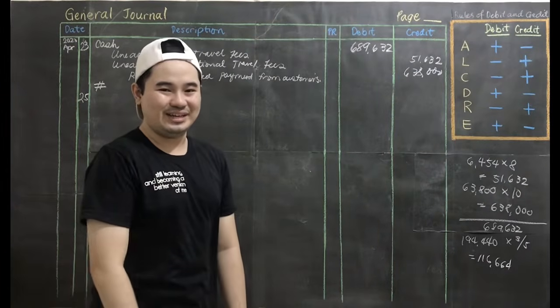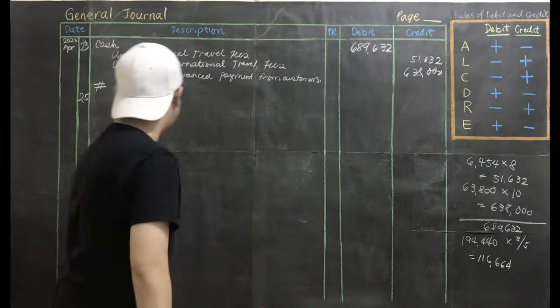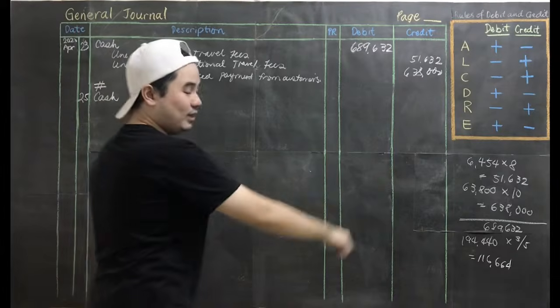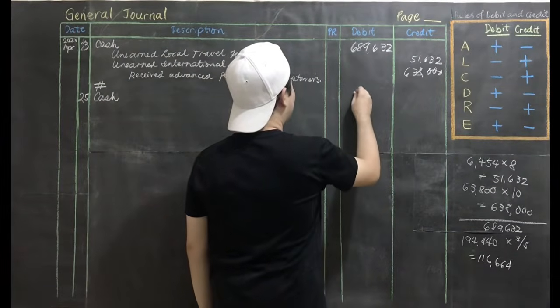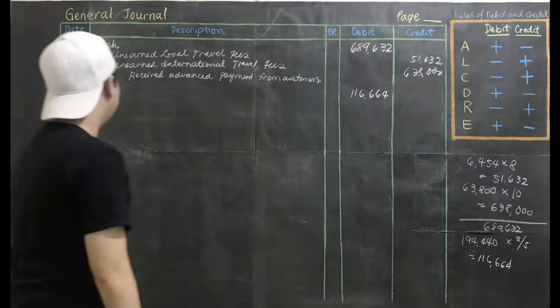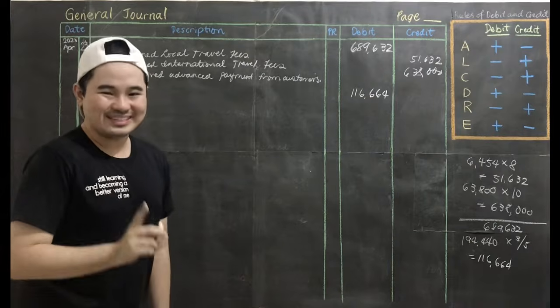Kung na-receive natin yan galing sa customers, pag nakaka-receive tayo galing sa customers ng cash, edi debit cash, 116,664. Okay. Tatanggalin na natin sa listahan ng utang ng may utang sa atin.